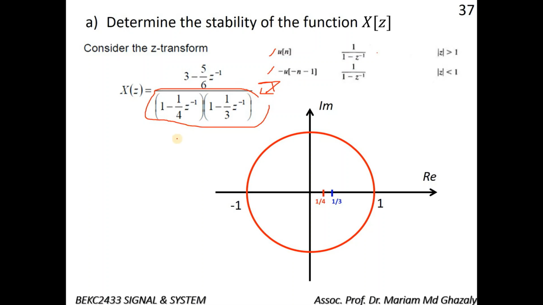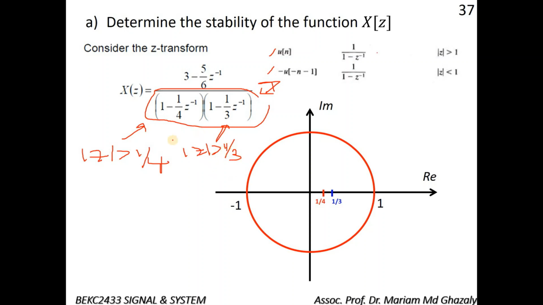If you write it for the first one, the ROC is |z| more than 1/4, and the second one is |z| more than 1/3.